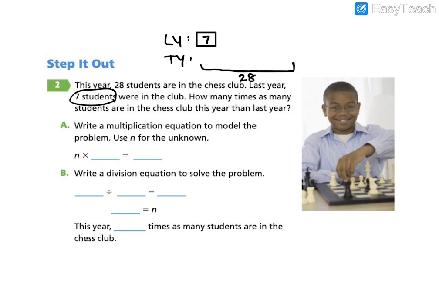So something times 7, some group of 7, will equal the 28 students there are this year. So we need to find those 28 students that we have this year. How many equal groups of 7 would that be? That's going to equal our n. How many times as many students are there?